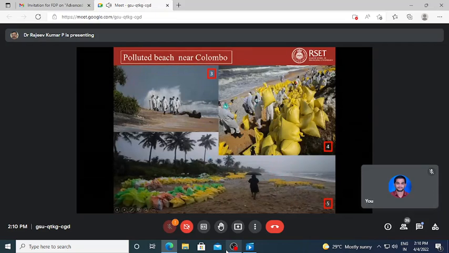This was a kind of natural disaster which polluted the entire beach. This is one example of how soil pollution happened. Even though it happened in the marine environment, because of the wave action, it moved and was washed across the beach.